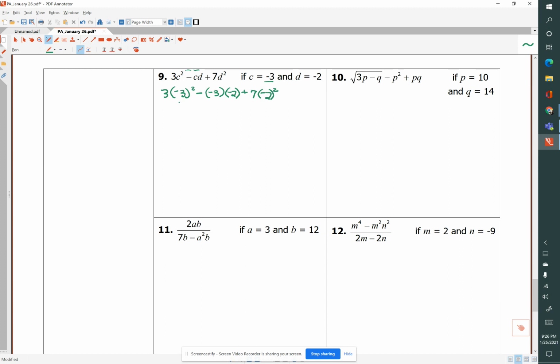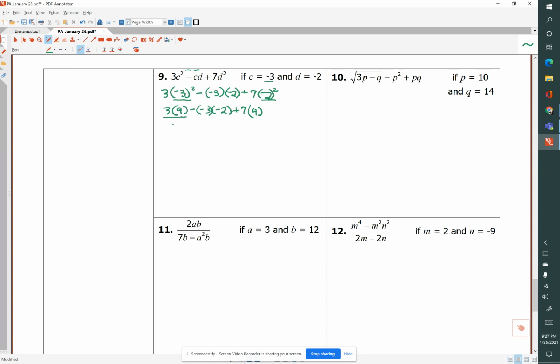So let's work with these exponents here and here. Negative 3 times negative 3 is 9. So we have 3 times 9 minus negative 3 times negative 2 plus 7 times negative 2 to the second power. Negative 2 times negative 2 is 4. Okay, so let's work with this.